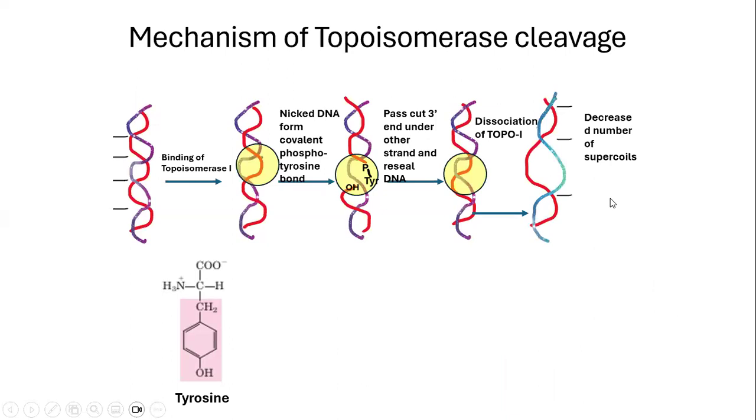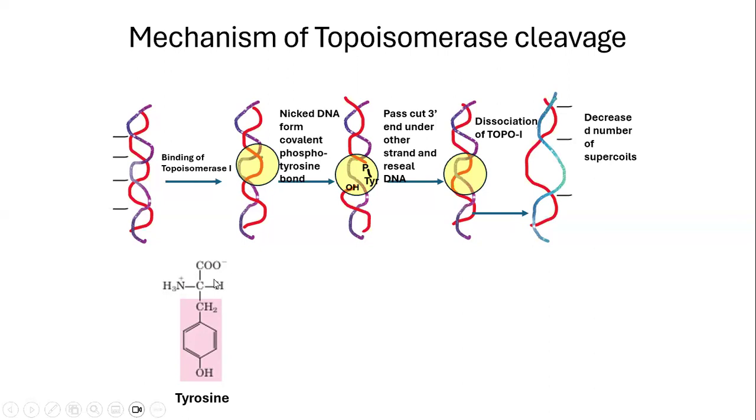Now the next slide explains the mechanism of topoisomerase cleavage. Here we can see the initially supercoiled form of DNA, which has 4 supercoils. Here we will have the binding of the enzyme topoisomerase. The topoisomerase molecule contains a tyrosine residue within its active site.